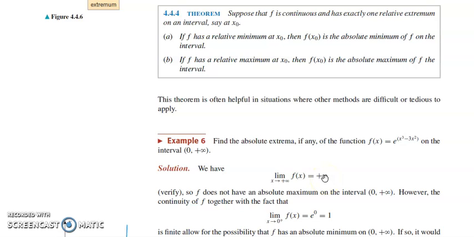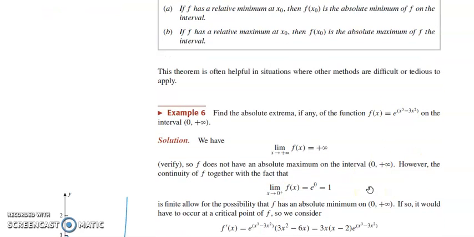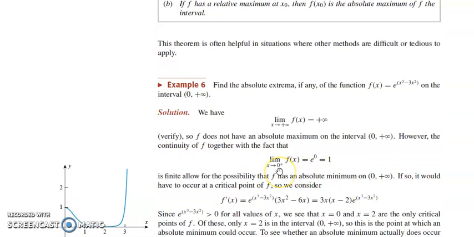Now we need to look at whether there is an absolute minimum or not. Limit x tends to 0, f of x is e raised to 0, which is 1. Now let us look at the critical values.